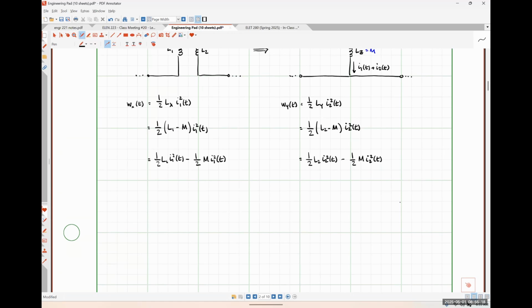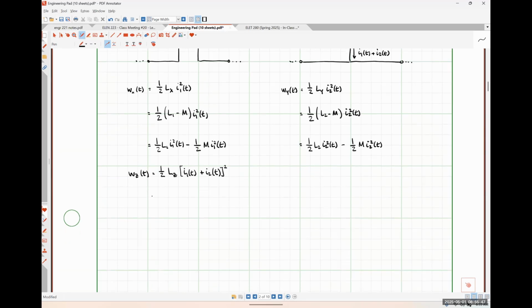Now we can figure out what's going on with inductance W_z. And so that's going to be simply 1/2 L_z. And now I have a total current of I1 plus I2. So this is going to look like (I1 plus I2) quantity squared, like so.